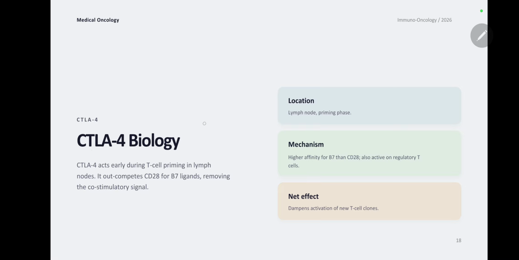So what is the CTLA4 biology? We discuss that. One thing is very important about this. CD28 is present on the T cell.